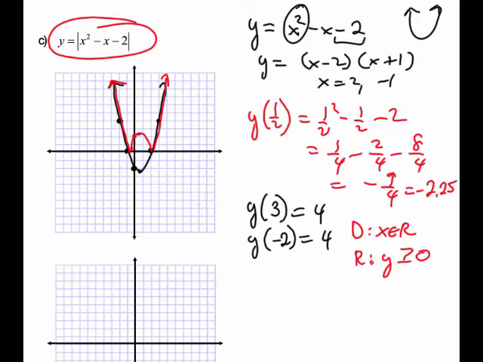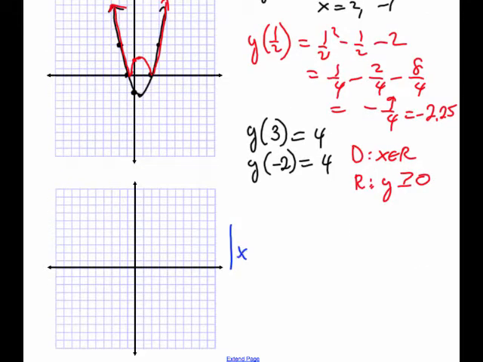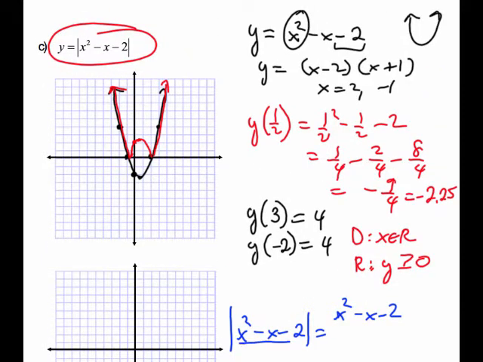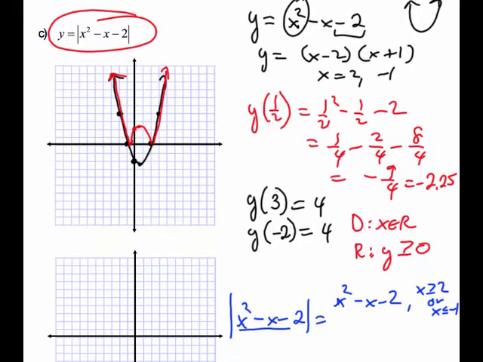Alright, if I want to think of this function as a piecewise function, it's equal to itself when the original graph is positive. Well, the original graph is positive when the black graph is above the x-axis, and that is when x is greater than or equal to 2 or less than or equal to negative 1.